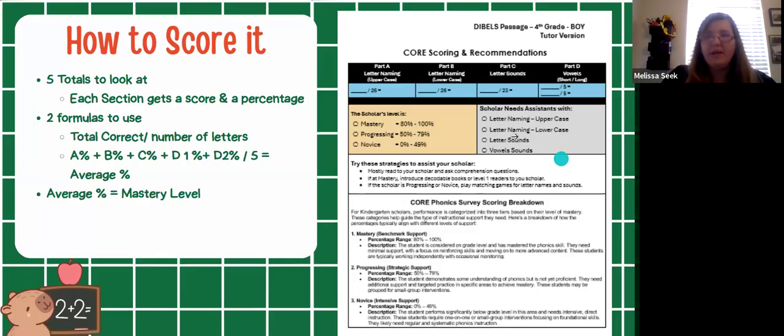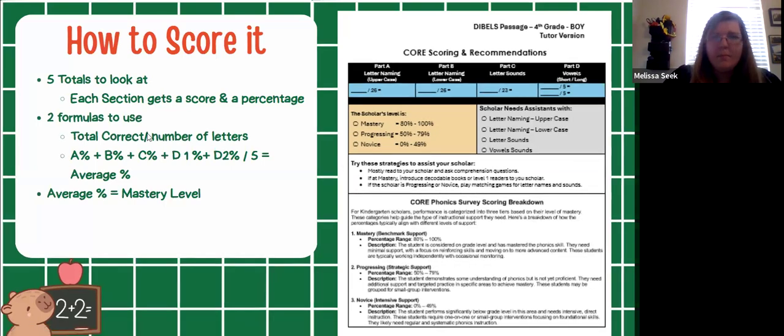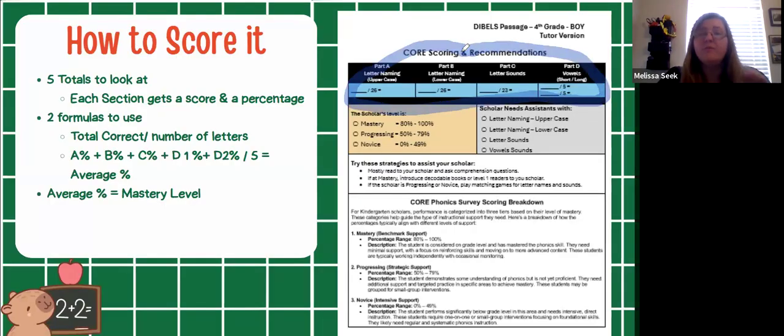The biggest part that you're going to look at is this first section up here. This is where you're going to put the raw scores in. And then it has an equal sign that we're going to walk through in a second.